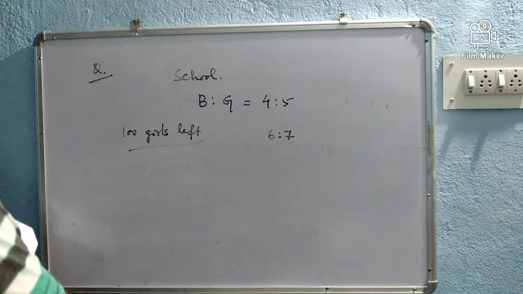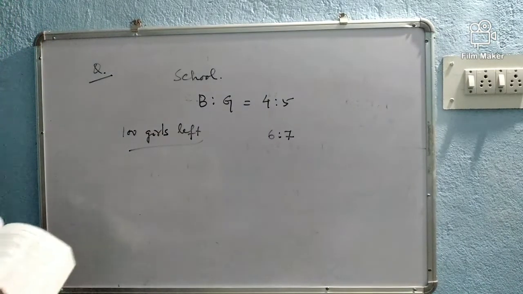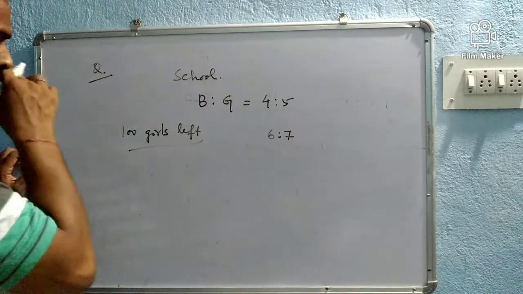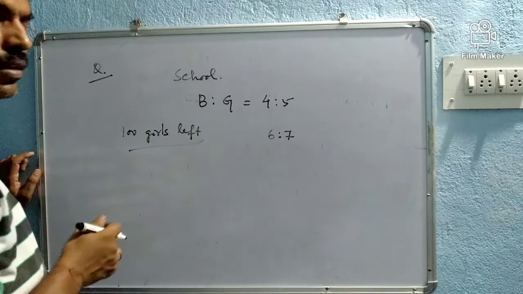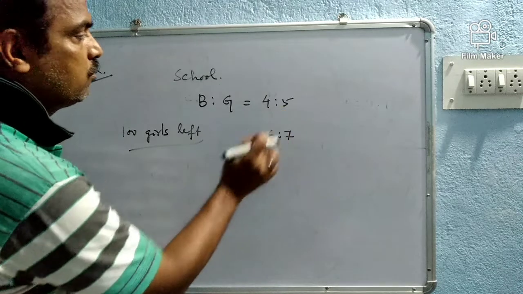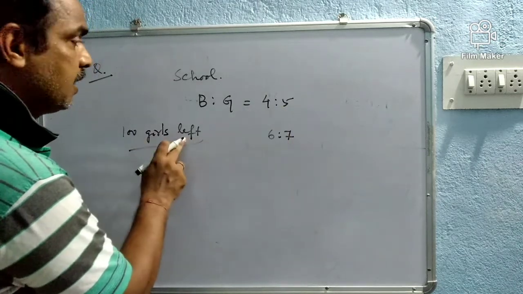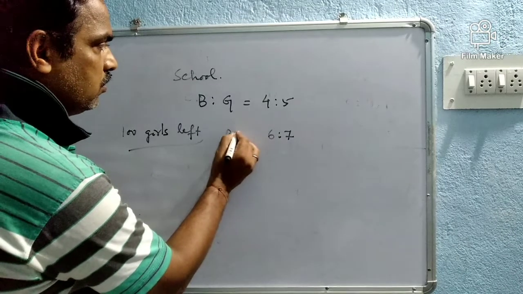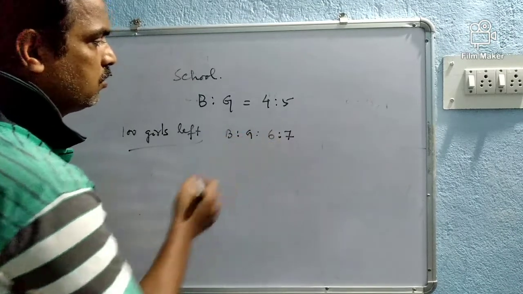Understood? Then how many boys were there in the school? So look, boys to girls here is 4:5. Later on, when 100 girls left, it becomes 6:7.